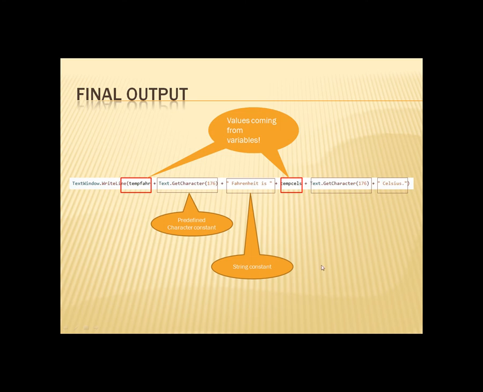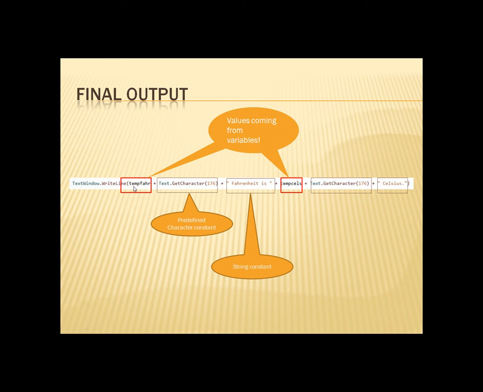Okay, the final output. This is a long line of code, but you'll see a kind of a pattern going on here. First and foremost, the most important thing I want you to realize when we display the final output to the user, in this case the final output is 13 degrees Fahrenheit is negative 11 degrees Celsius. That's what I mean by the final output. That last sentence where you're displaying the result of the calculation to the user.